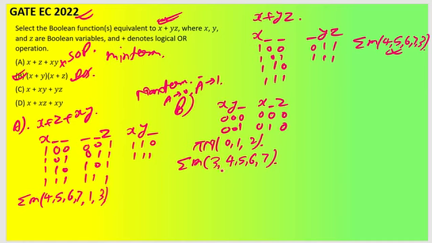B is true. Now let us talk about C. What is my C? x plus yz plus x plus xy plus yz. So x yz, then x yz, and then x yz. These three terms are there: 0 0 0 1 1 0 1 1 1 1 1 1. Then this is 0 1.